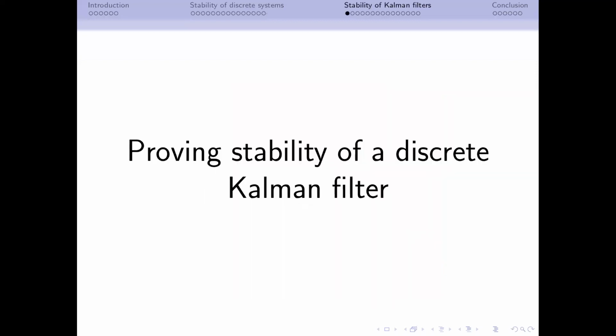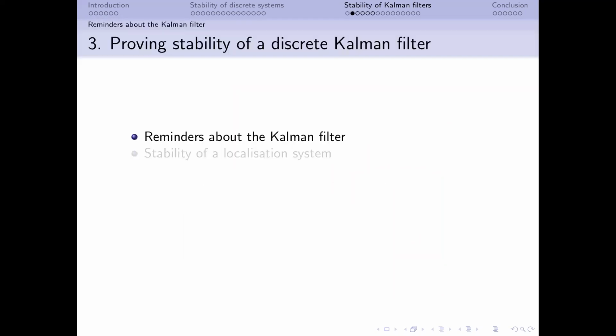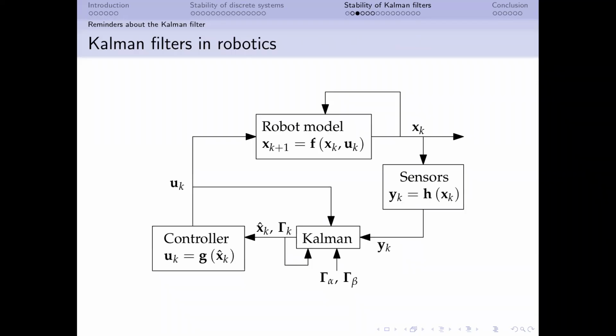Okay, let's now turn towards the application of these methods to Kalman filters. I will start by quickly reminding what a Kalman filter is. So a Kalman filter is usually used in robotics, as I said earlier, to estimate the state of a robot.